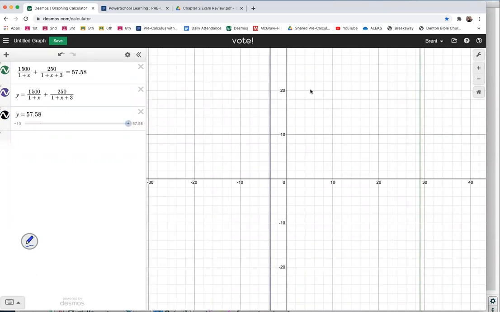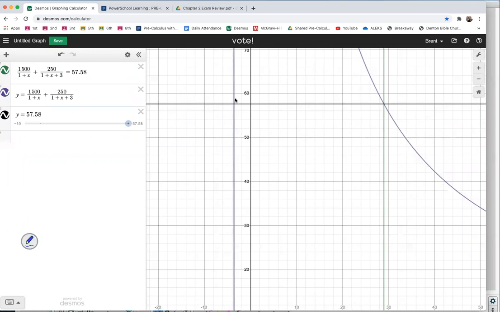You go up to the y value of 57.58, and you should have a solution right there. And then the calculator will tell you exactly how many people it's got to be. The answer is 29 people. So the math didn't work out exactly perfect, but with money, we round it. That's why it's a little bit off. But yeah, it would be 29 people. You could do it that way as well.